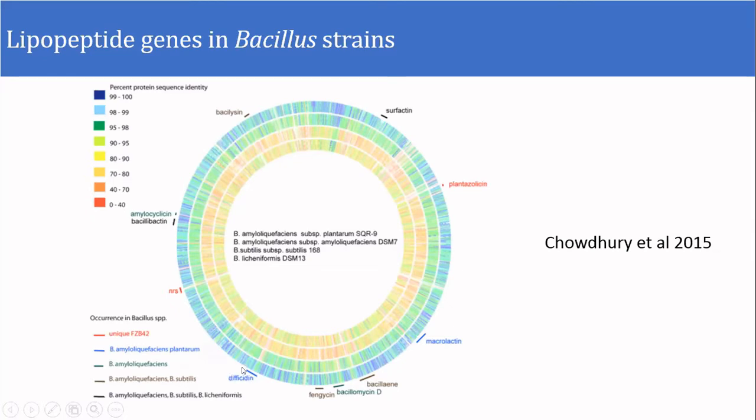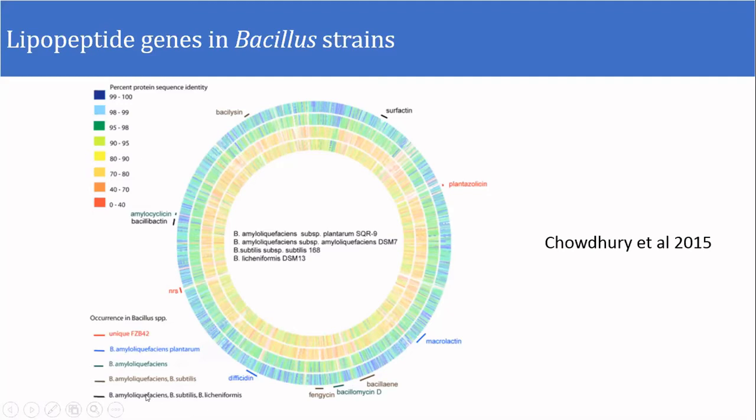And here, you see some of the lipopeptides are unique to those bacteria. For instance, in this Bacillus amyloliquefaciens, which is also a particular strain, you could see this plantazolicin, a lipopeptide present uniquely, though all of them belong to the same species, Bacillus amyloliquefaciens.